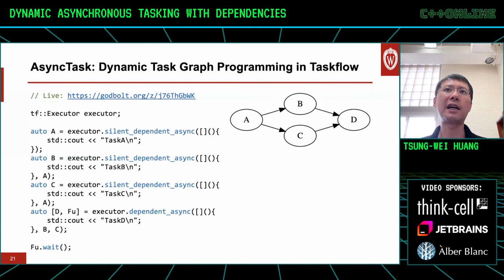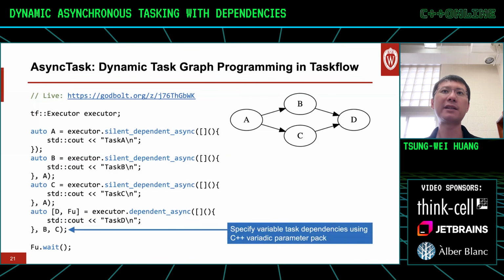Instead of starting from scratch, we have built our dynamic task graph programming model AsyncTask atop Taskflow, so we can reuse many of its facilities. Using the same task graph as an example, we create a task from a C++ lambda function object using the silent_dependent_async or the dependent_async method if you would like to acquire an additional future object that allows you to perform task-specific synchronization.